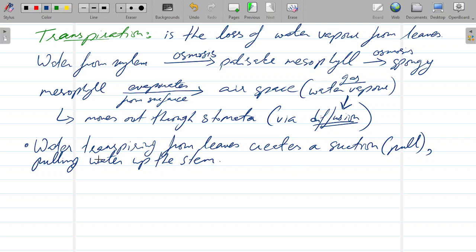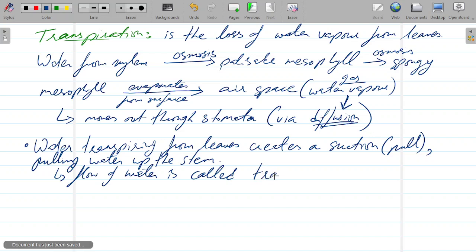And so this flow of water is called the transpiration stream. All right, is that clear? Yes.